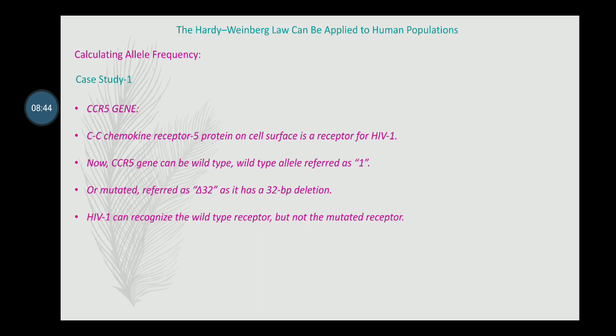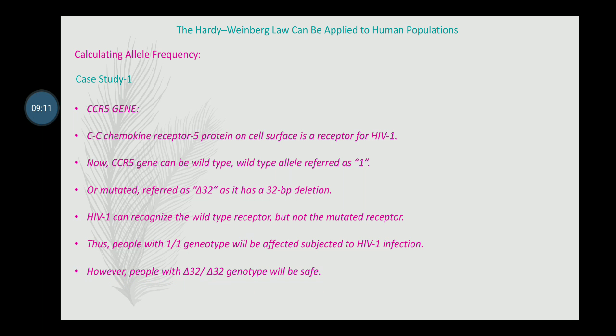HIV-1 can recognize the wild type receptor, but it cannot recognize the mutated receptor, the del32 receptor. Thus, people with the homozygous dominant genotype, that is the 1 allele at both loci, will be subjected to HIV-1 infection. However, people with the del32 genotype, that is the homozygous recessive genotype, will be safe because HIV-1 will not recognize the mutated receptor protein.